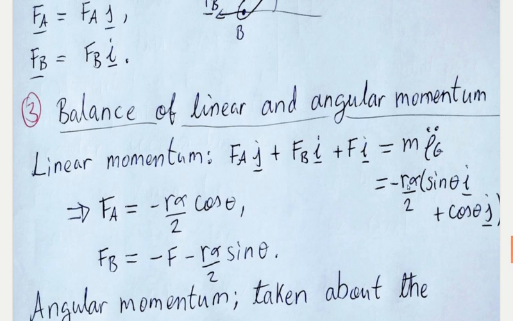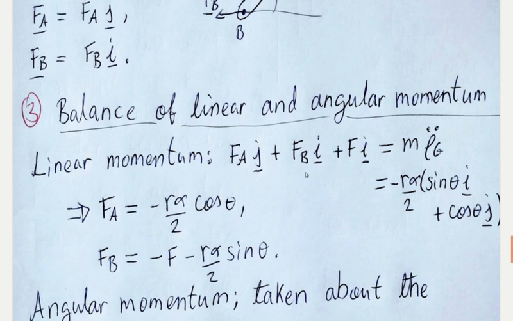Before it was minus r alpha over 2 times sine theta I vector plus cosine theta j vector. And then we've already substituted on the left the component forms. So now again we equate the I and the j terms. If you equate the j terms, you'll find that Fa j has to equal minus r alpha over 2 cosine theta j.